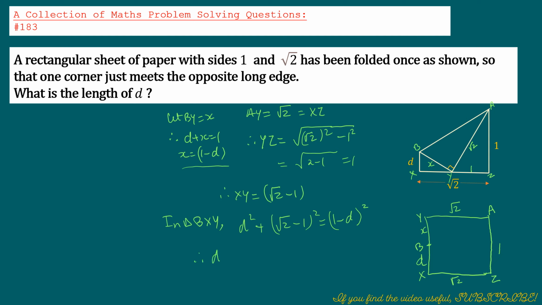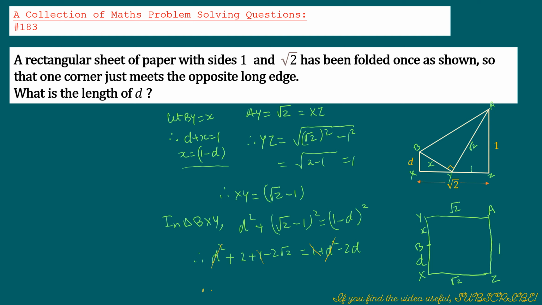Therefore D squared plus 2 plus 1 minus 2 root 2 equals 1 plus D squared minus 2D. So you see the D squared terms would cancel out, the 1 goes away. We are left with 2 minus 2D.